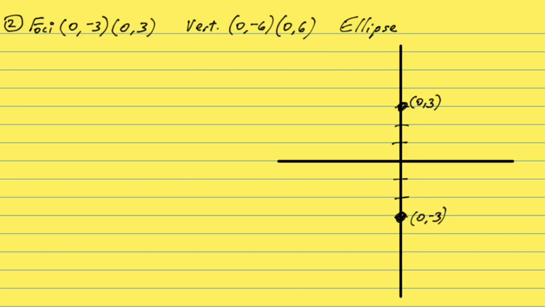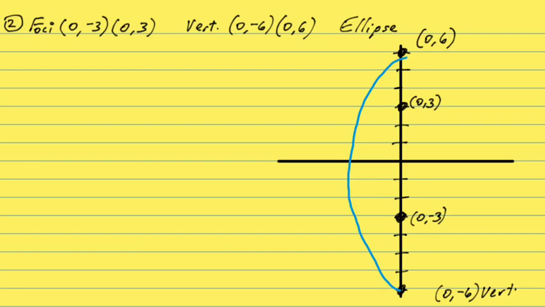Those are the foci. 0, 6 and 0, negative 6 are my vertices. So that means that this ellipse has to be centered at the origin, I believe, and has to look something like this.